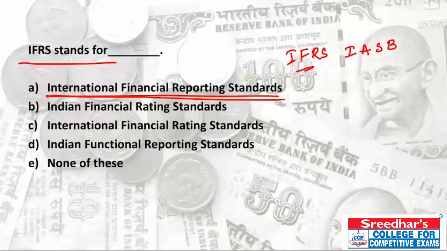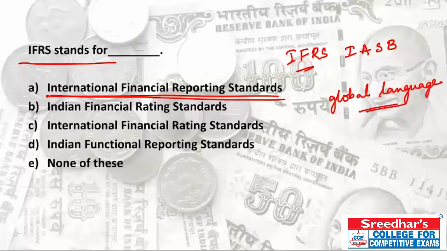Why have they given these financial reporting standards? This is to provide a global language for business affairs, so that company accounts are understandable and you can compare them across international boundaries. For that, the International Financial Reporting Standards are given.